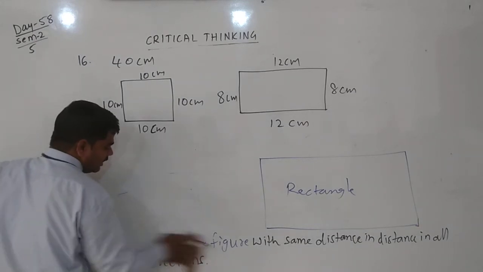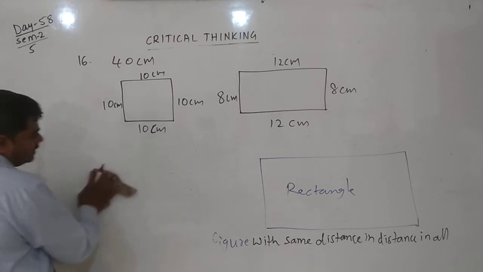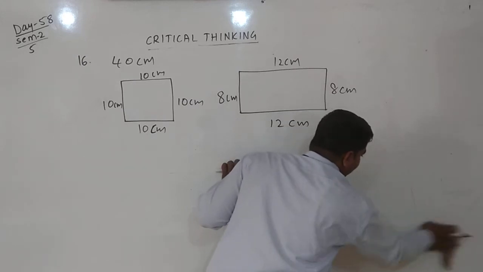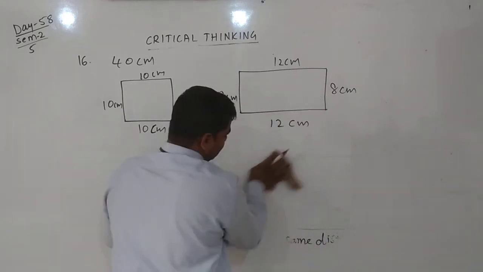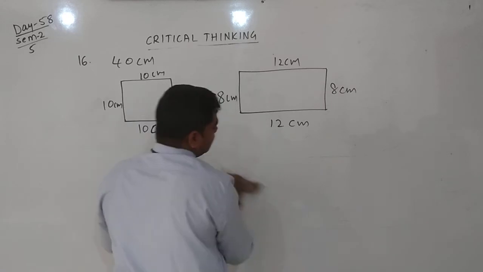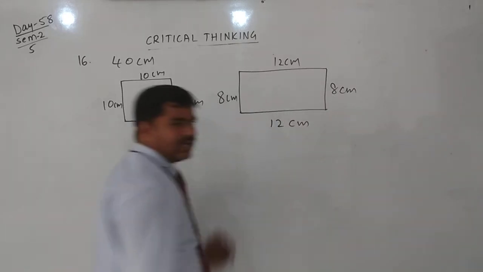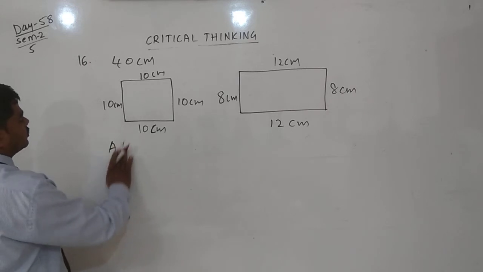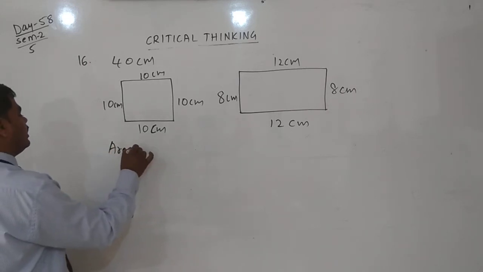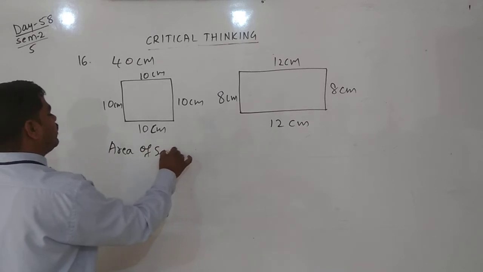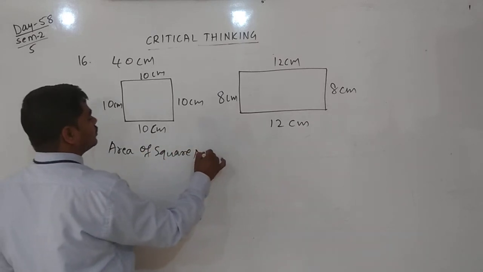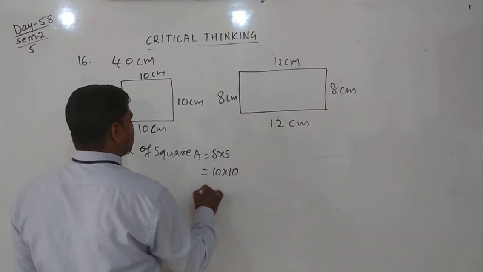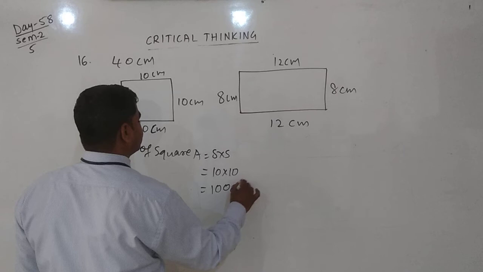Then find the areas of these two figures. Find the area of the square and the area of the rectangle. Area of square, A is equal to S into S, that is 10 into 10, 100 centimeter square.